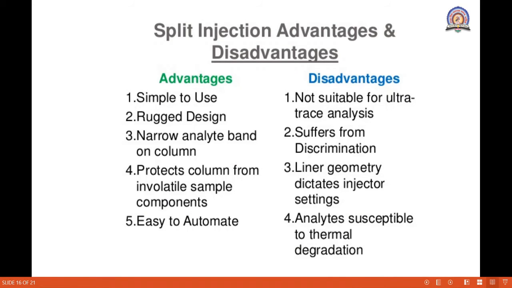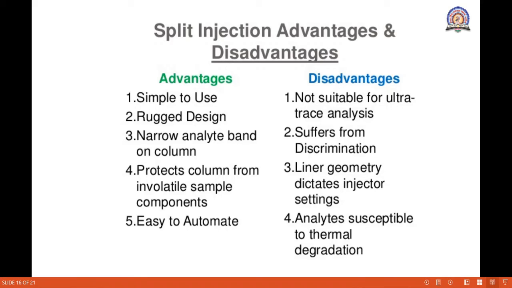Okay. Then what are the advantages and disadvantages of the split injection? First, we see the advantages. It is simple to use, then rough design. That means the inner wall of that column is rough, rocky, so we say that it is a rough design.